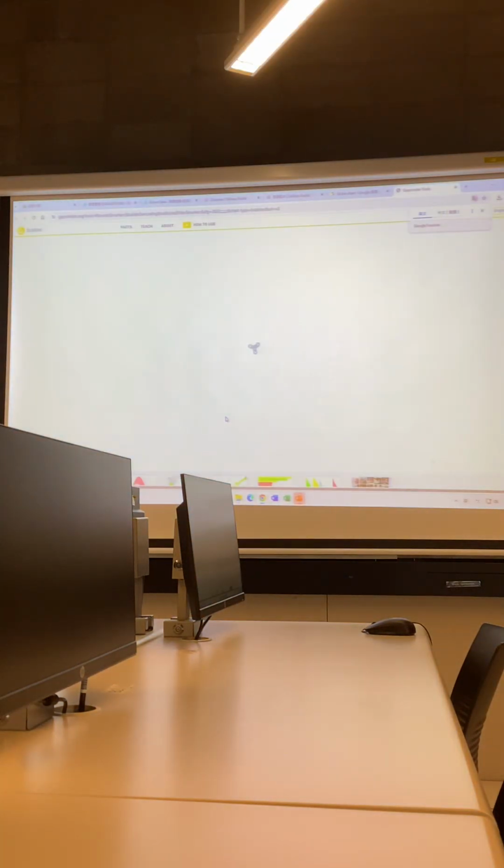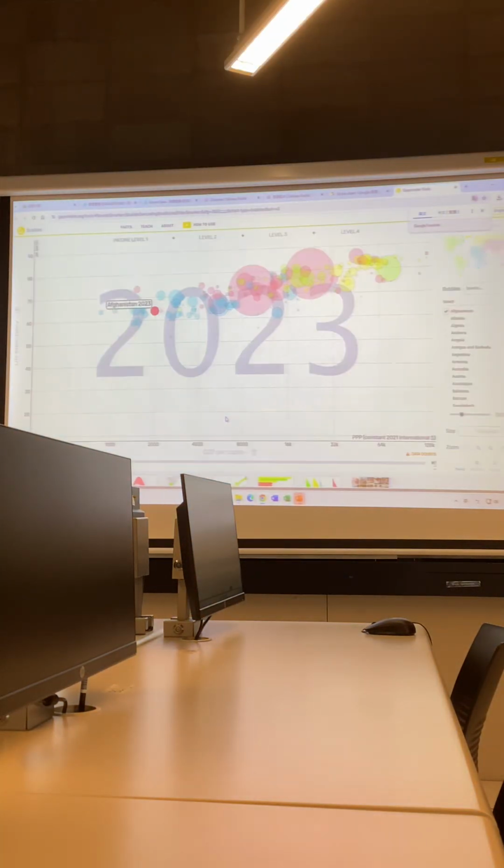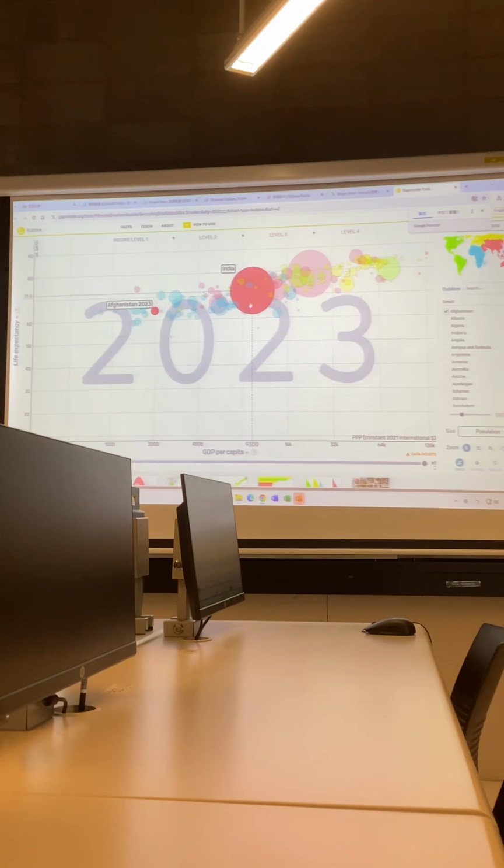Okay, take a look at this one. You can see there is kind of an animation. From this chart, who most likely has the longest life expectancy? What country has the longest life expectancy?